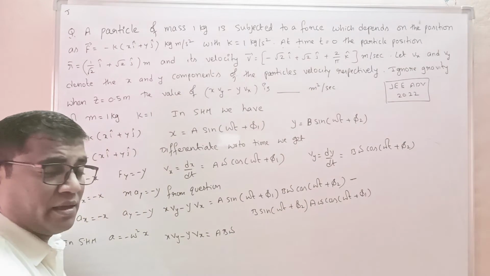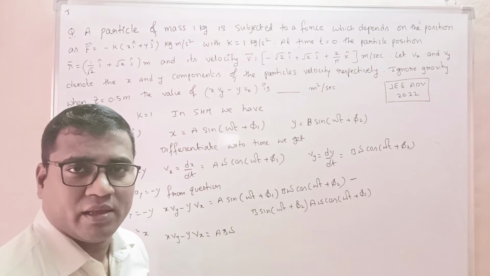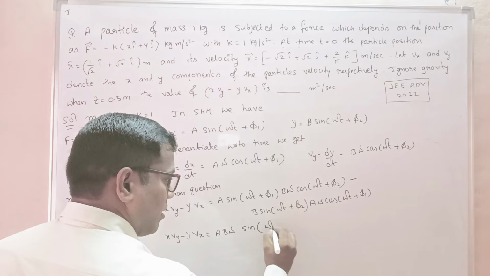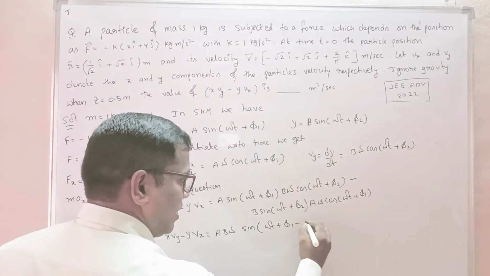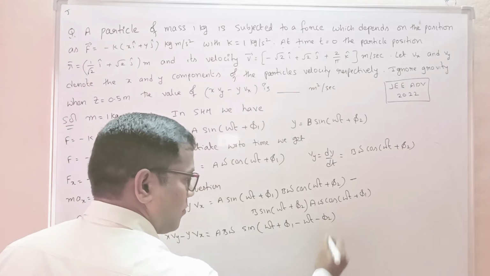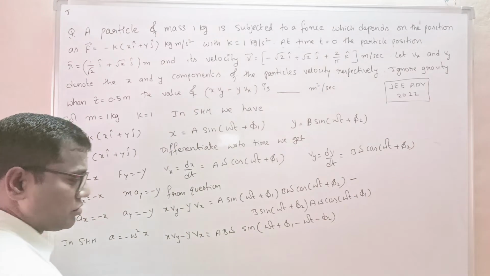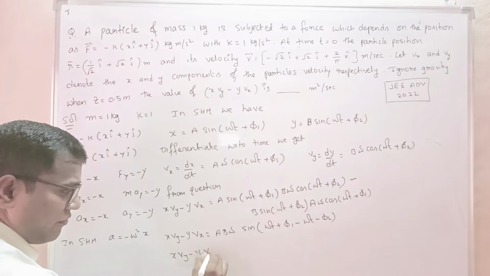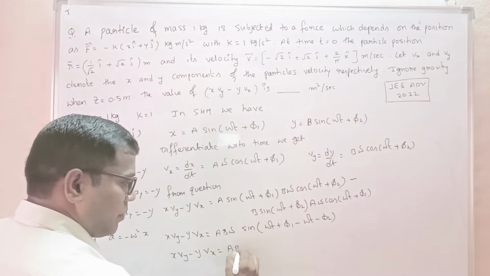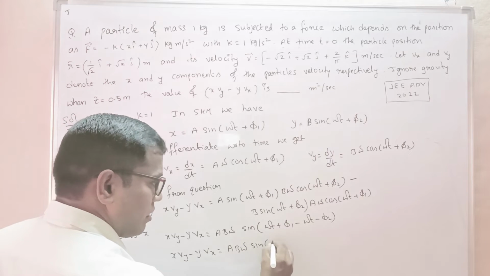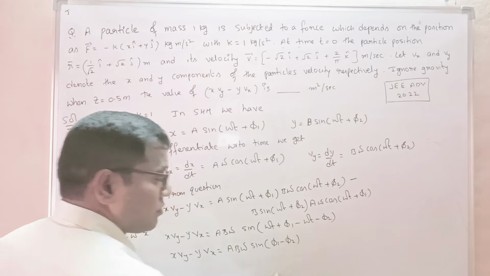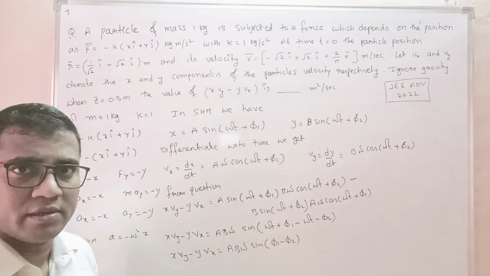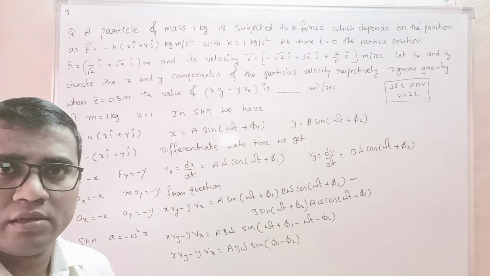This is the formula for sin(a - b). So the ωt terms cancel. Ultimately we get x Vy - y Vx = abω sin(φ1 - φ2). So I will erase and I will complete this question. Now see.